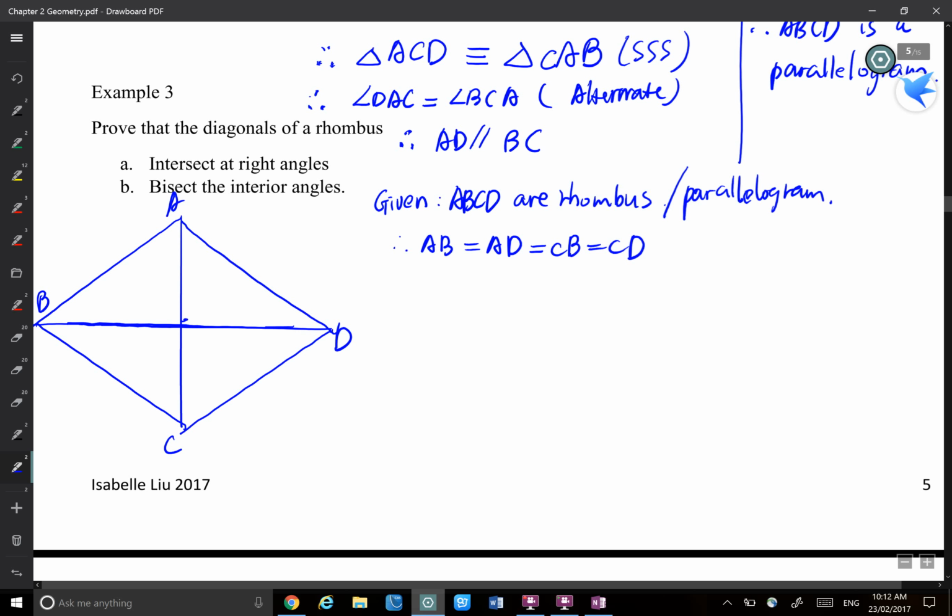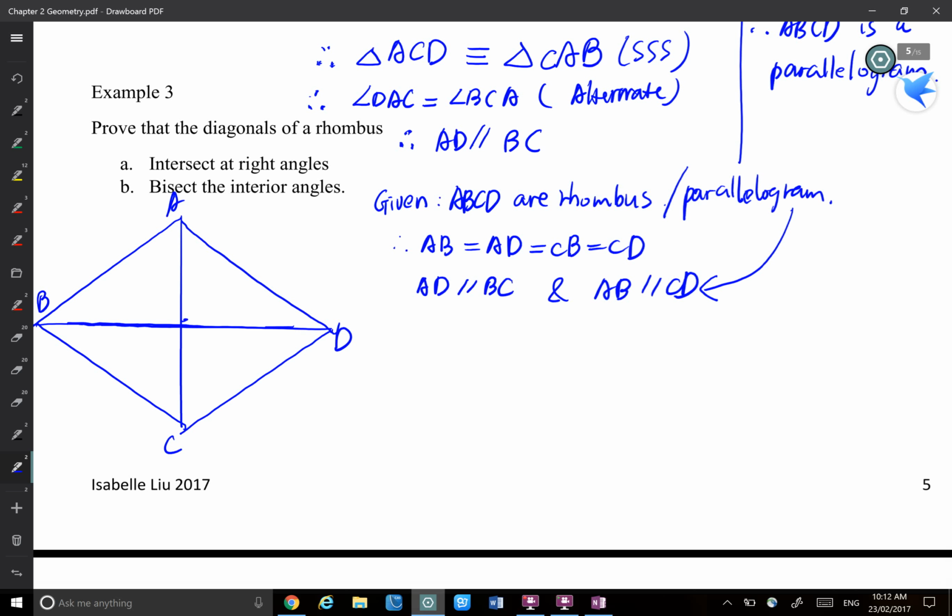Because it's a parallelogram, you will know that AD is parallel to BC and AB is parallel to CD. Because of the parallelogram, you will know the parallel property as well.